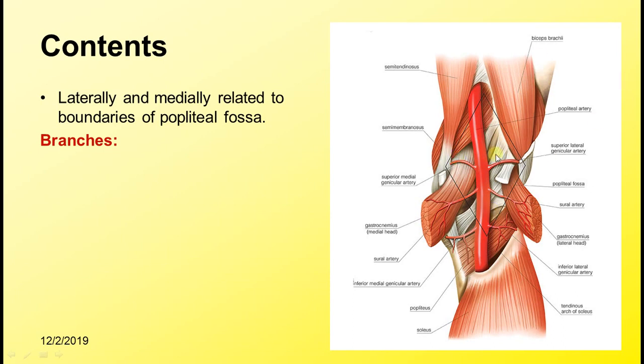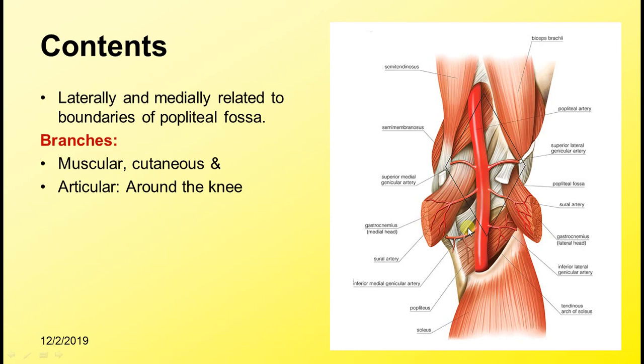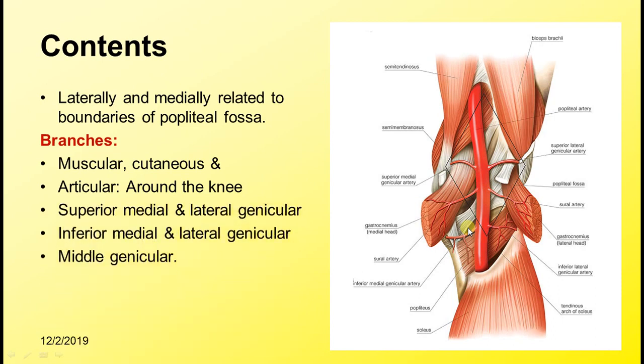Okay, so it gives branches on either side, on the lateral side as well as the medial side, along the boundaries of the popliteal fossa. So as I told you, it has muscular branches, cutaneous branches, and the articular branches. The articular branches are superomedial, superolateral and middle genicular, inferomedial and inferolateral genicular arteries.